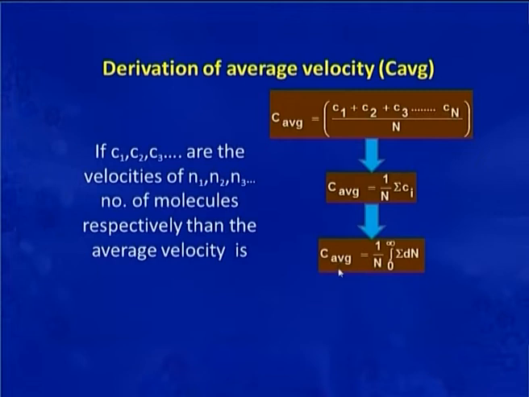Now, we can write it as C average is equal to 1 by N integration 0 to infinity of C dN. The summation of different velocities is replaced here by integration. Why? Because all types of velocities ranging from 0 to infinity are involved here. So, the equation is now C average is equal to 1 by N integration 0 to infinity C dNc.